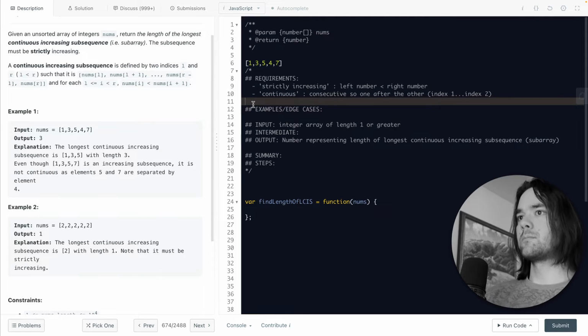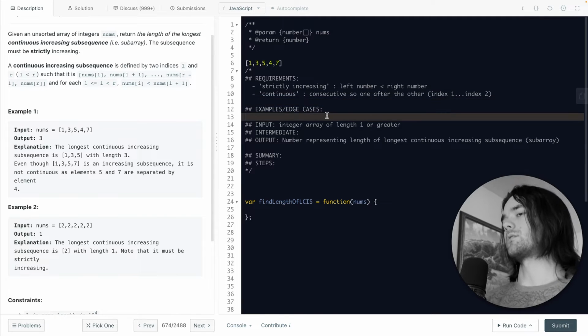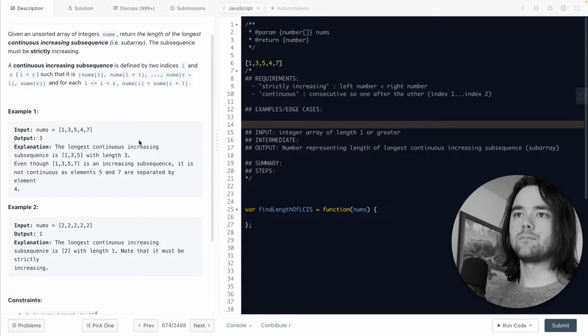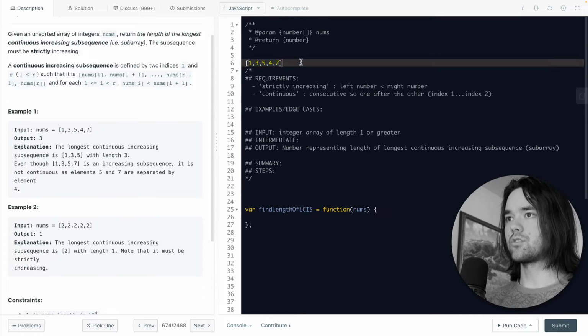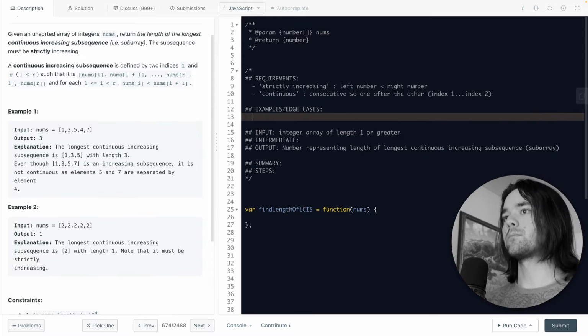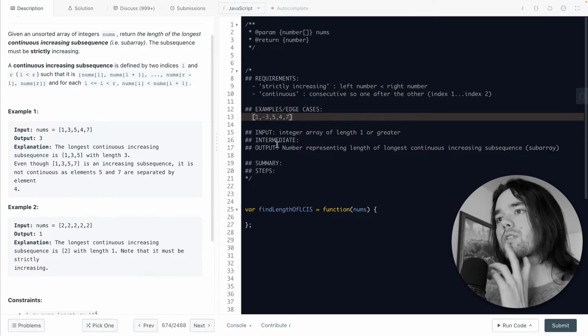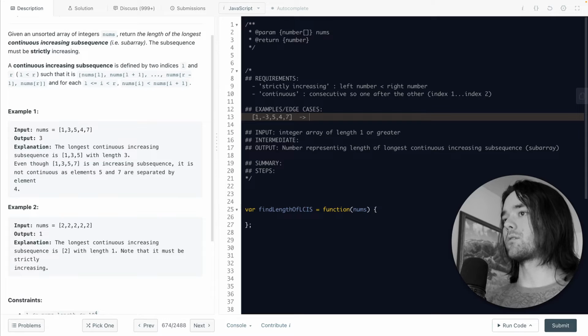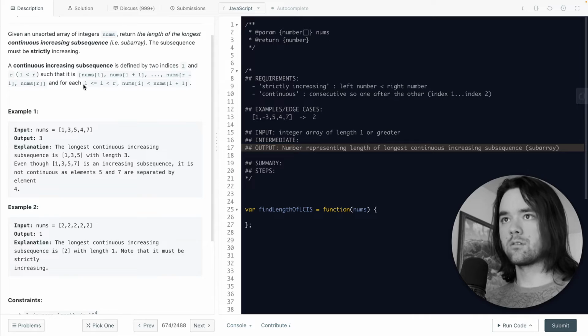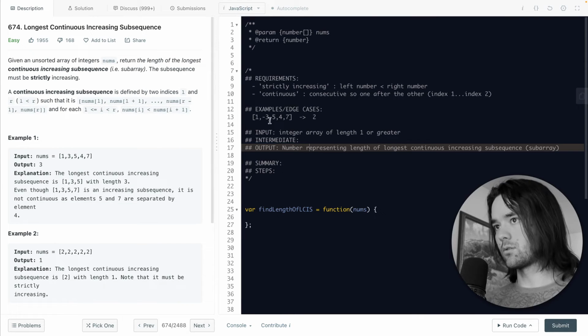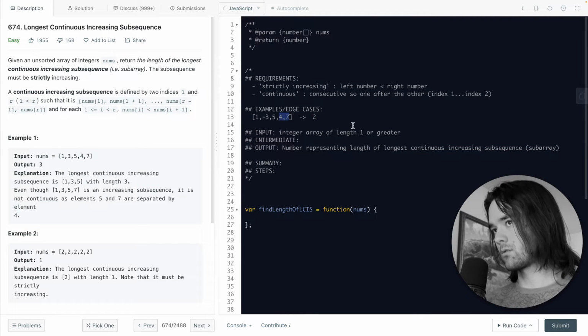And they say that there will be negative numbers. So if we just grab this test case and iterate on that a bit, maybe if it was like 1, -3, 5, 4, 7, then the output from our function should be 2, because the longest continuous increasing subsequence would be 4 to 7.